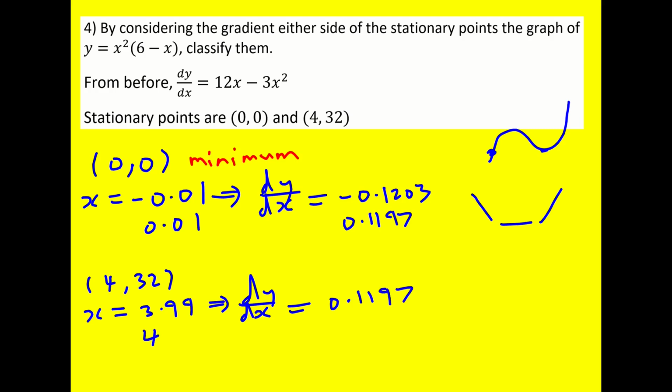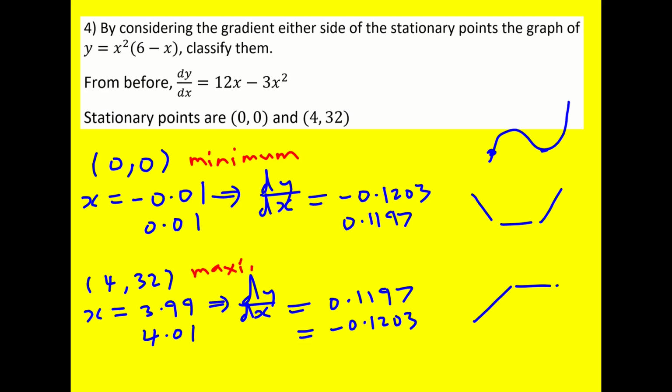And then 4.01 just to the right of it. And lo and behold, I get minus 0.1203. So this time it's positive to the left, then 0, then negative, and I got myself a maximum.